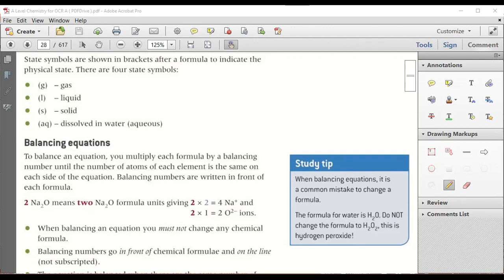Here sodium 2, oxygen is 5, hydrogen is 2, sulfur is 1. The problem is with sodium only. There are 2 sodiums here, 1 sodium there. So what can I do? I can write 2 this side. Finished. Now as soon as I write 2 there, this will become 2 plus 4, 6.